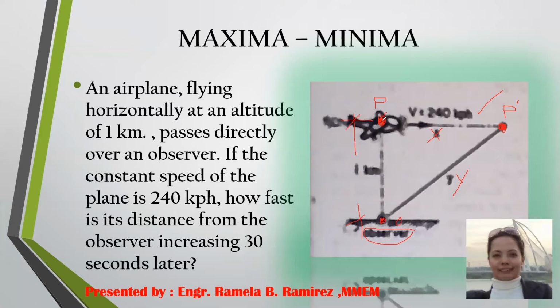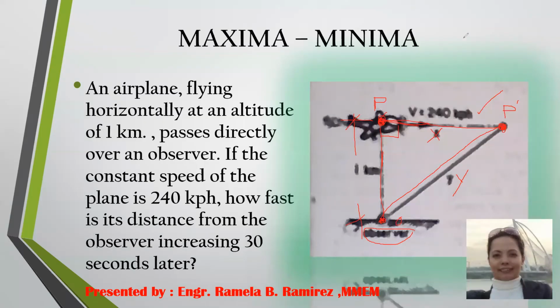The distance from P to P prime, which is the initial position to the final position of the plane, is x. And then of course you have here the altitude, which is the distance from the initial position of the plane up to the observer. And you would notice that we can create here a right triangle by connecting those points.